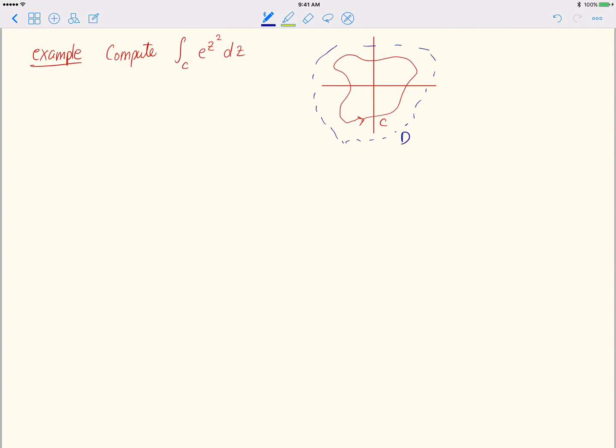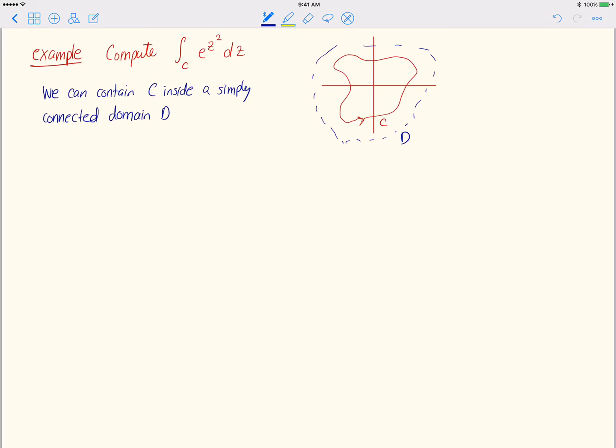So when you're writing down your solution, you should write something like we can contain C inside a simply connected domain D. Now, e to the z squared is entire, right?